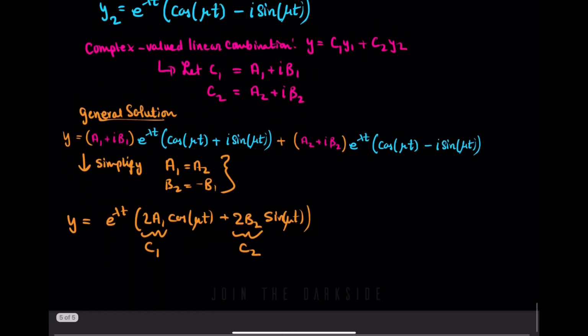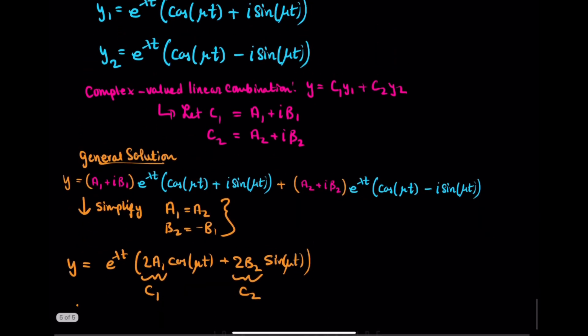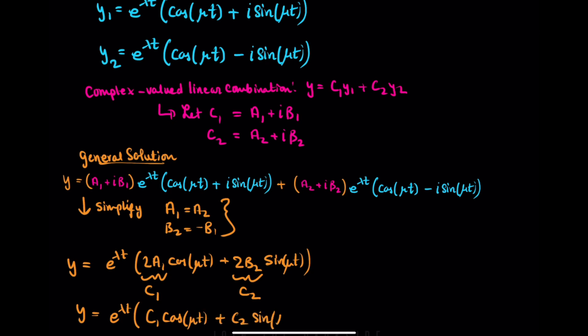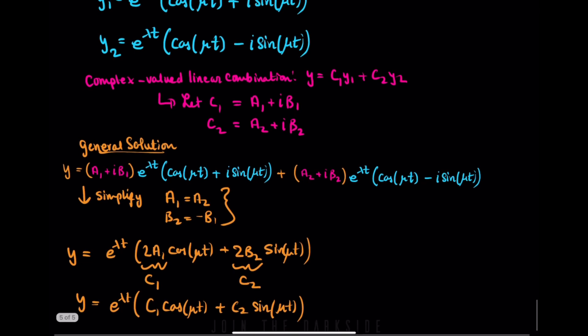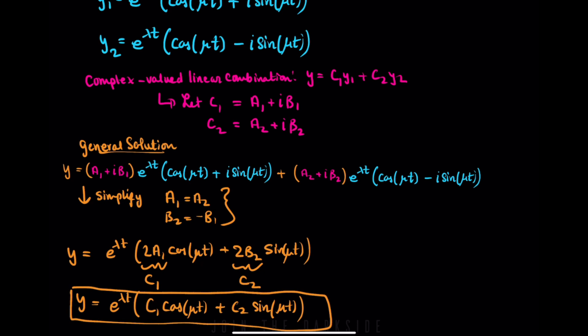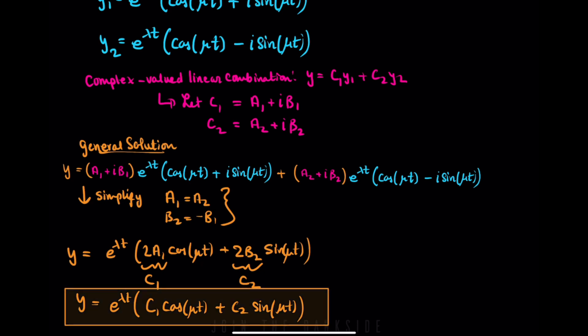And so then we can rewrite y as e to the lambda t times c1 cosine mu t plus c2 sine mu t, like so. This is the real punchline here, and this is what we've been working towards. That is very important. That is your general solution.